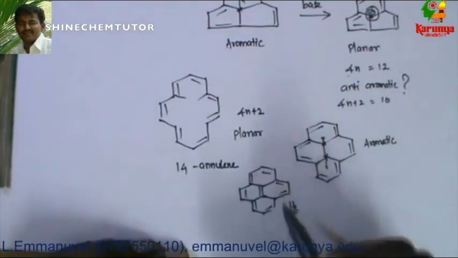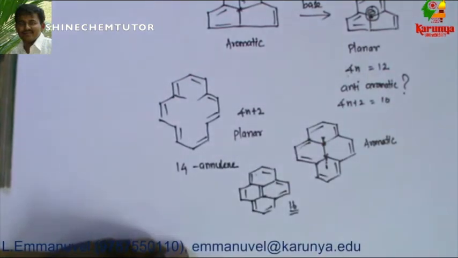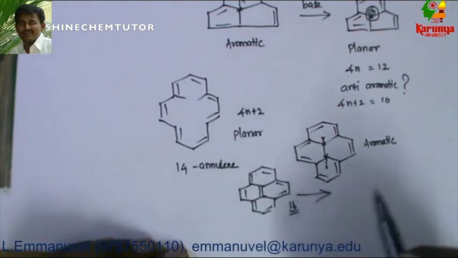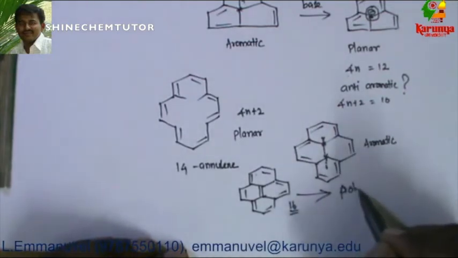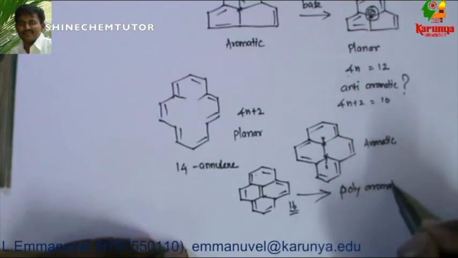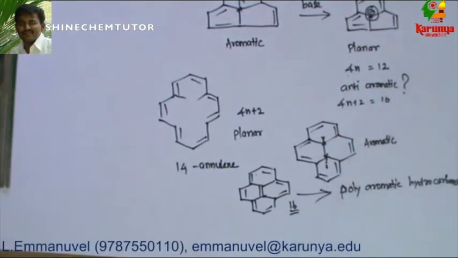No. If benzene rings are there, then you should not count like this. These compounds come under polyaromatic hydrocarbons, like naphthalene, chrysene. Even though the number of pi electrons present in that is 16, it is not anti-aromatic. It is aromatic in nature.